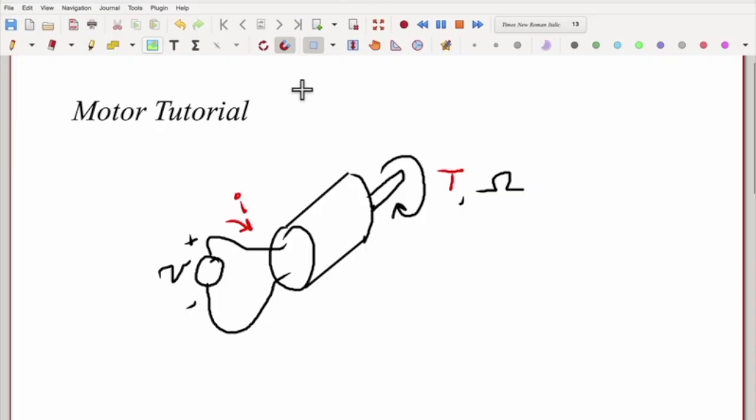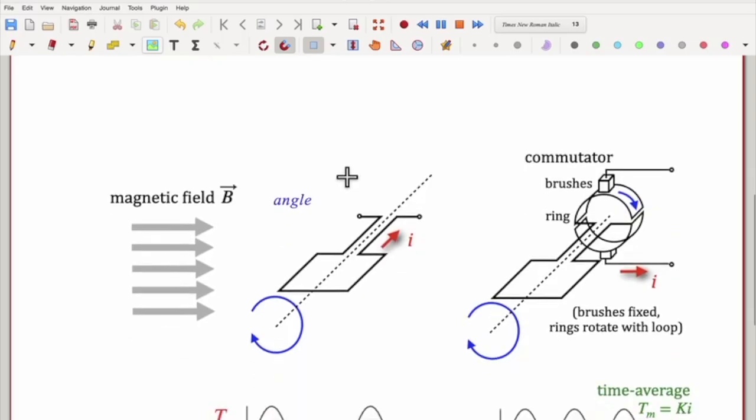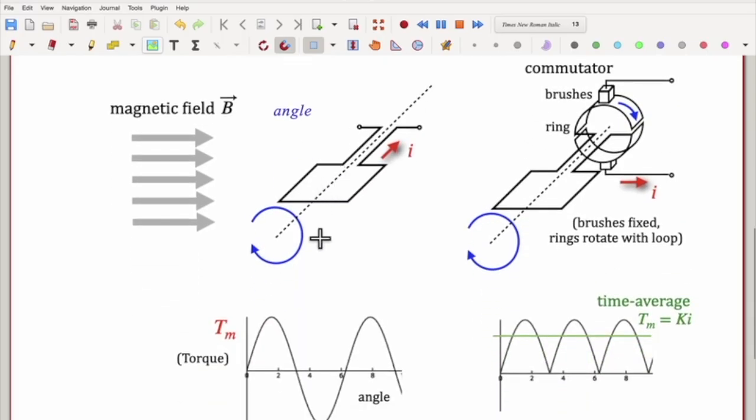So let's start for how to understand this with, let's say, the simplest version of a motor, which is depicted here in this left column. It consists of a single loop of wire through which current is flowing.